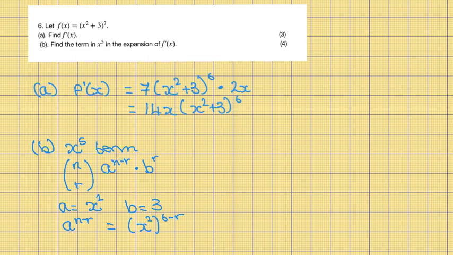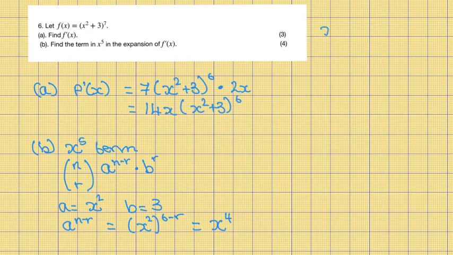Because there is a 14x outside, we want that to equal x to the power of 4, because x to the power of 4 times x will give us x to the power of 5. Because we've got an x squared inside the bracket, the 6 minus r must be equal to 2, because with the powers rules, 2 times 2 will give us 4.